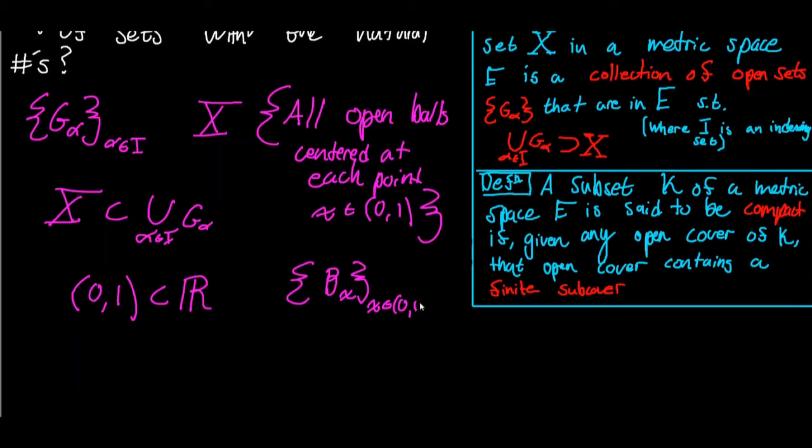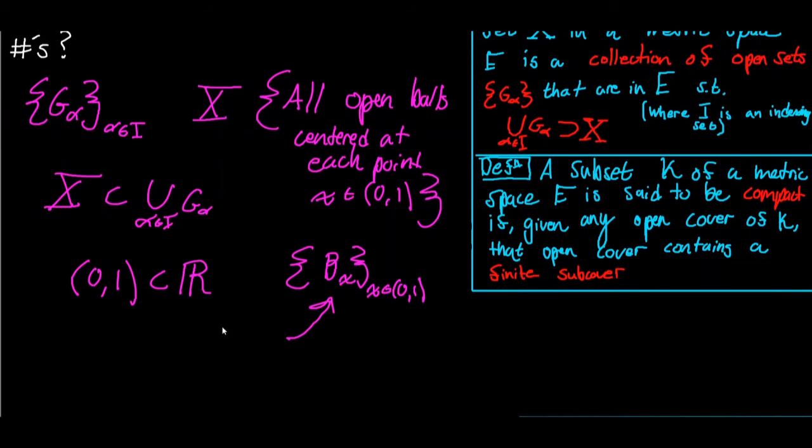Well, check this out. Since there's an uncountably infinite number of elements in this open interval from 0 to 1, and since each open ball is centered at each element in this interval, there's an uncountably infinite number of open balls in this collection. That is to say, there is an uncountably infinite number of sets in this collection of open sets.